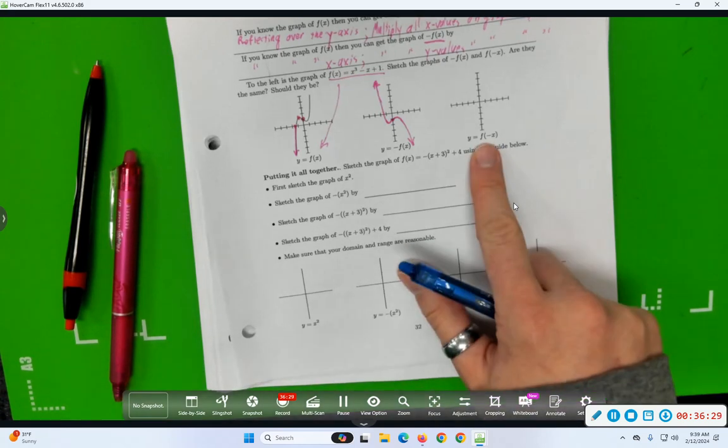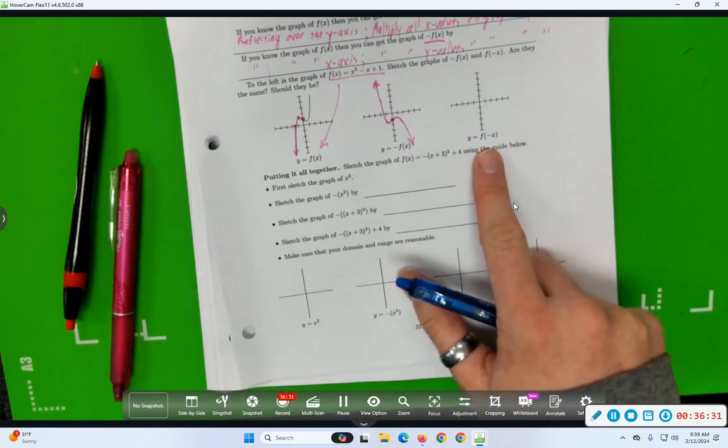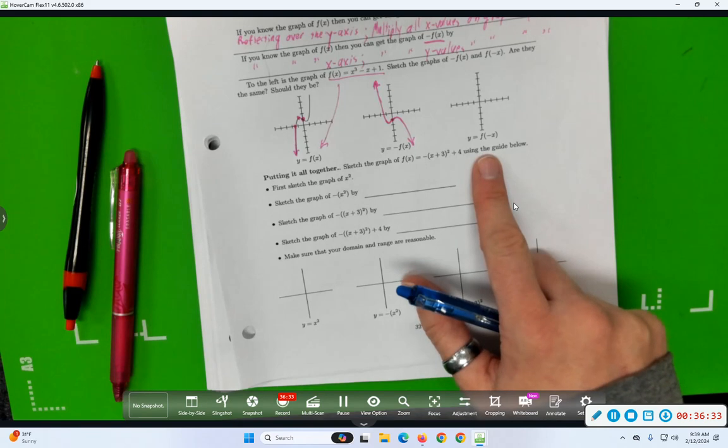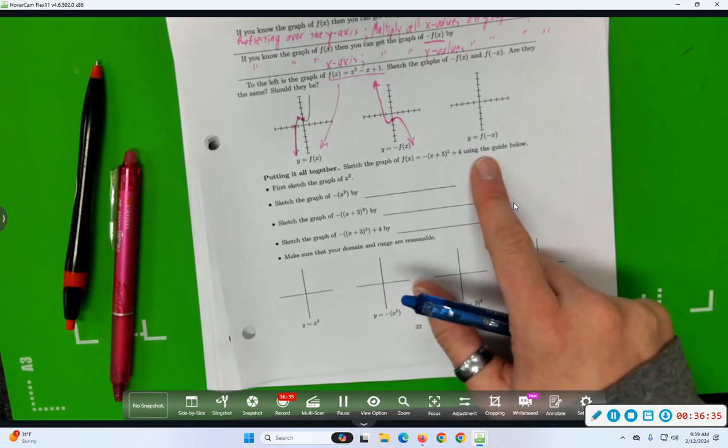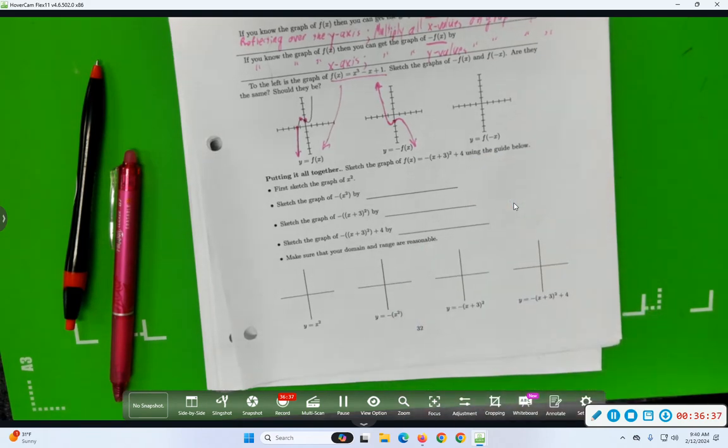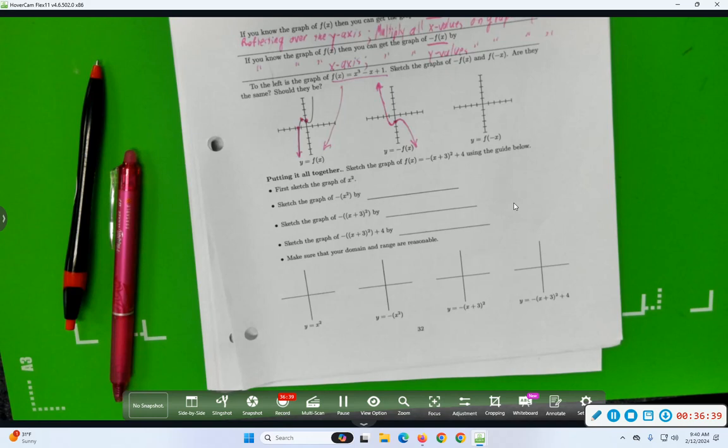What if I wanted the graph of f of negative x? Could you do that? Yeah, do it. And then we'll qualitatively talk about it.